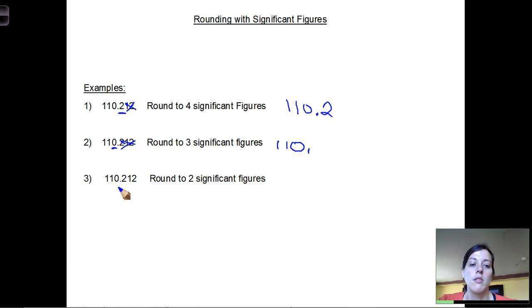Last one is the tricky one. We want 2 significant figures. So 1, 2, we need to round in the tens place and get rid of these 4 digits. Now, a common thing people want to do is just write 11, because that follows the previous 2 examples.